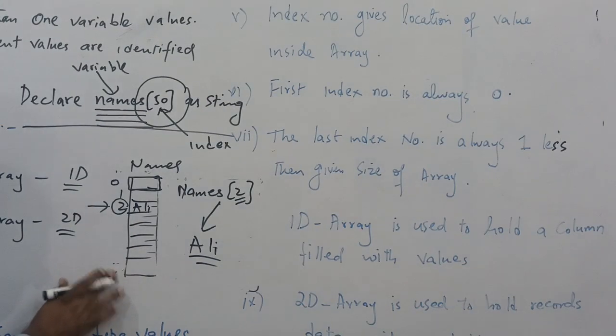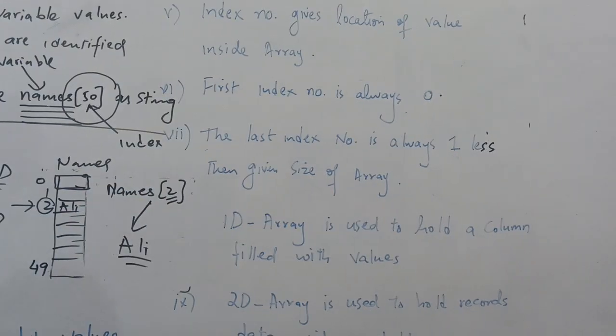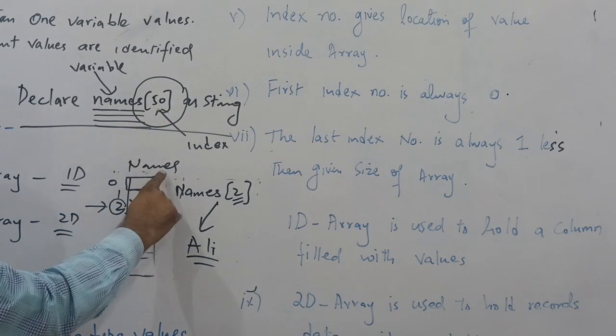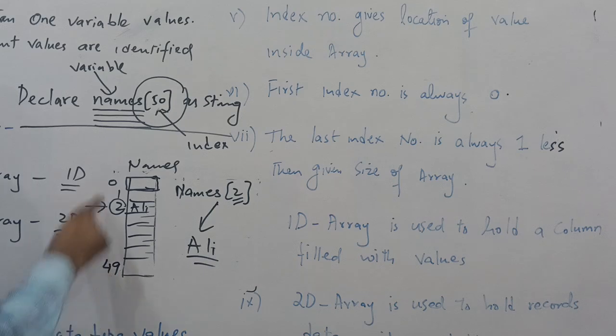The last index will become 49 because we started with 0. This is point number 7. The last index number is always 1 less than the given size of the array. In the declaration I said 50, but in the structure the last location is 49, starting with 0.